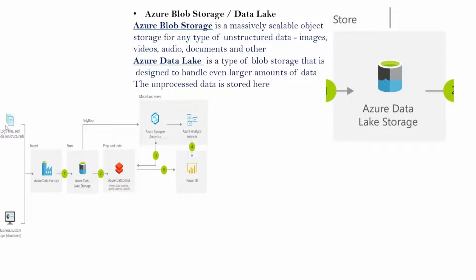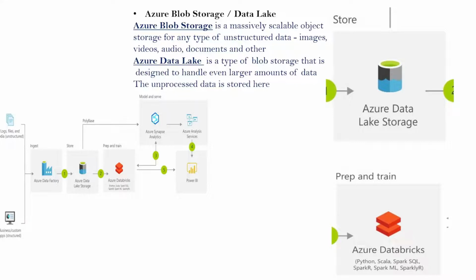From your source you are getting unstructured data as well, and your data factory is putting some kind of transformation and putting it in a relational store, or if you want a non-relational one, you can store it in the Azure blob storage. There you can store images, audio, video, documents. In data lake you can store blob storage. Blob again holds large files, text data written over text files, CSV.